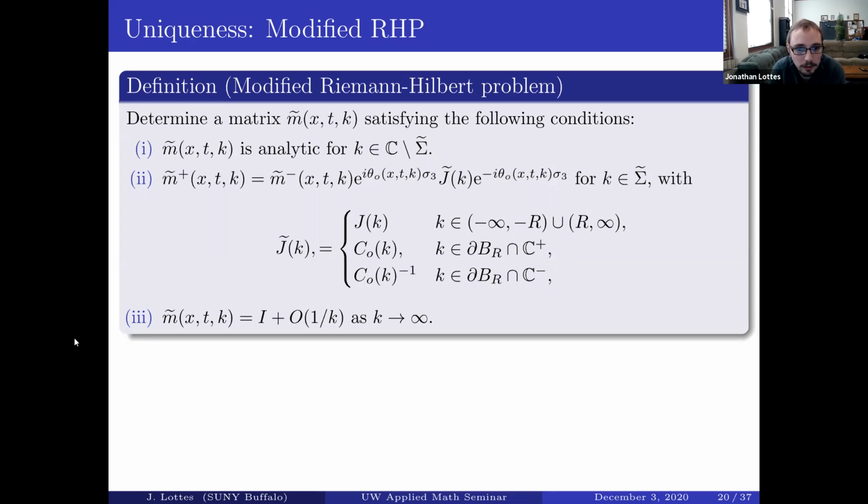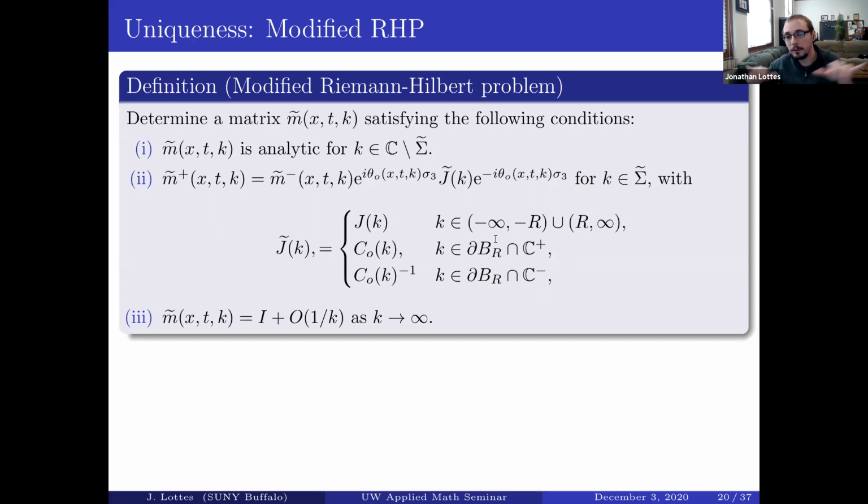Now we seek a matrix M tilde that satisfies these conditions. We want M tilde to be analytic in the complex plane away from our jump contour. It satisfies this jump condition on the contour where our jump matrix is given by this J tilde. It's fairly straightforward to see where this comes from.